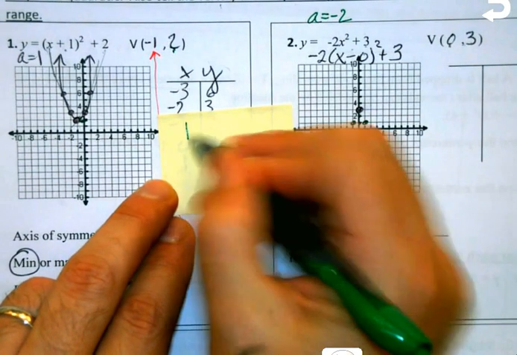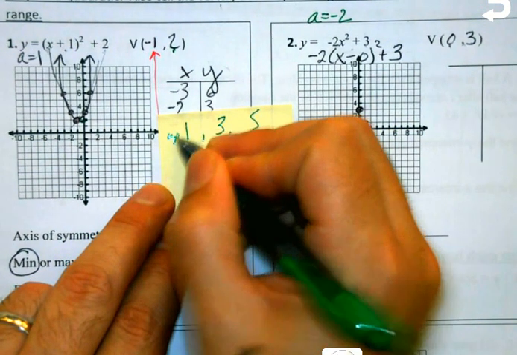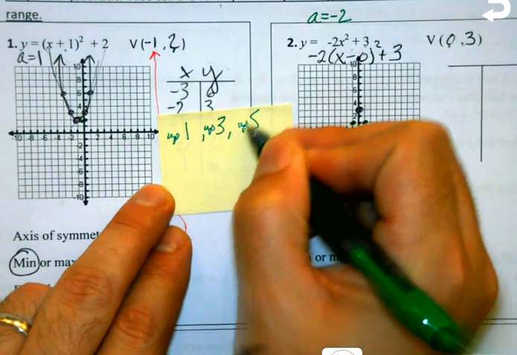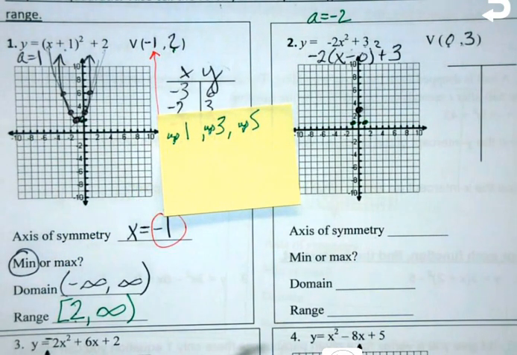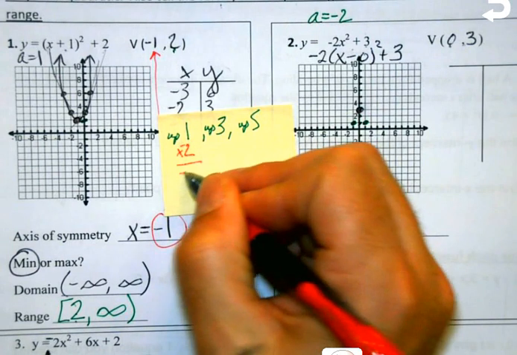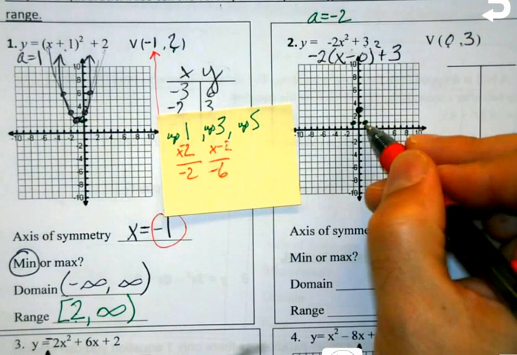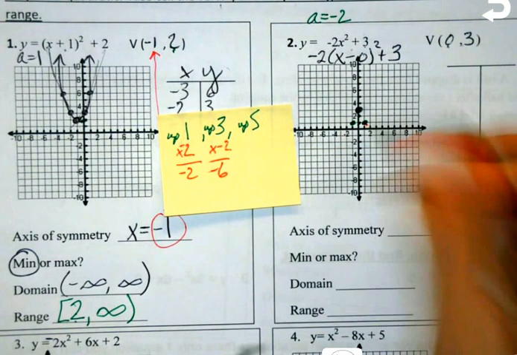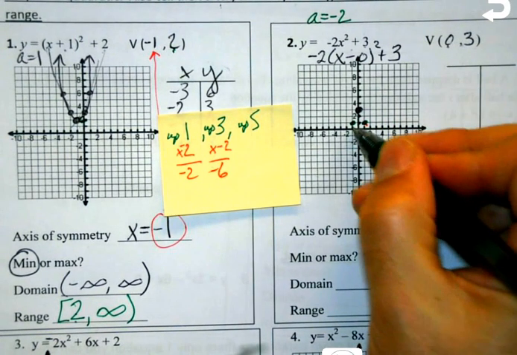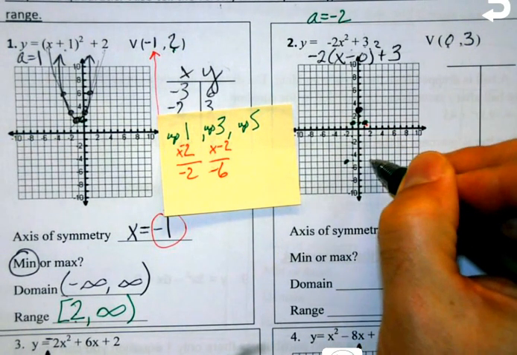The pattern is normally, you know, up 1, up 3, up 5, and we're doing over 1 each time. But now, since that 2 is there, I went down 2, over 1 with my first one. Now I would go down 1, 2, 3, 4, 5, 6 over 1 with each one.